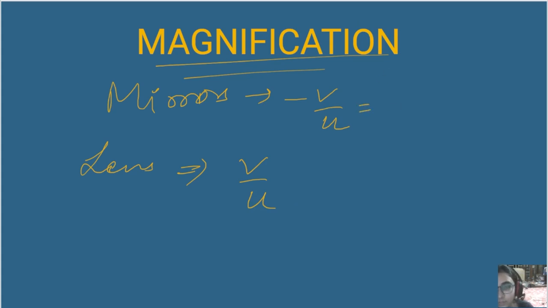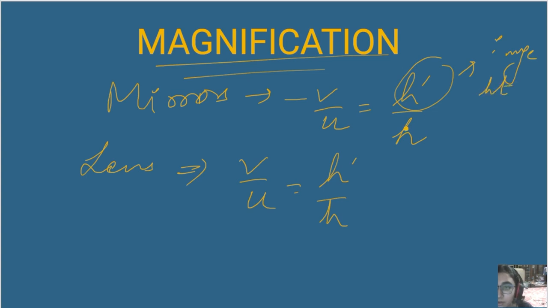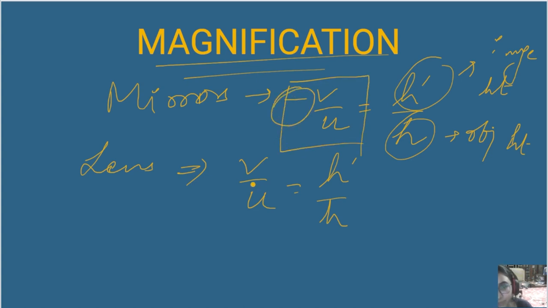You can always write it as h dash by h, where h dash is image height, h is object height. So in sums where h dash and h are not given, you always know that this is the alternative formula, but don't remember the negative sign here.